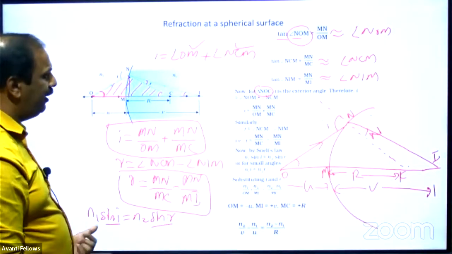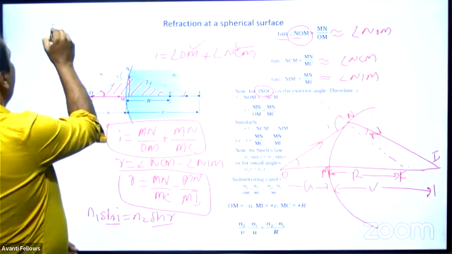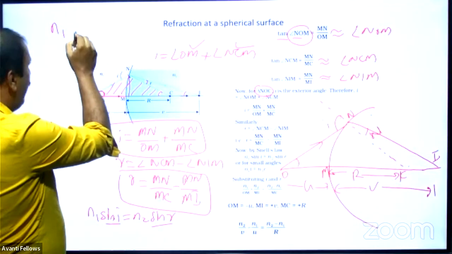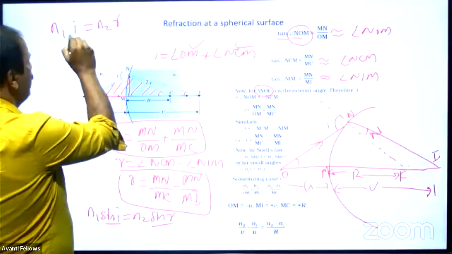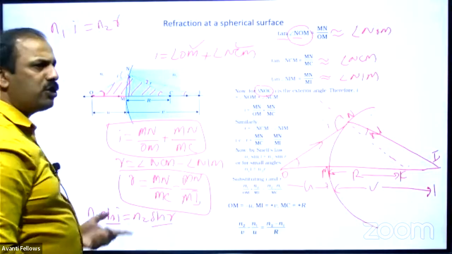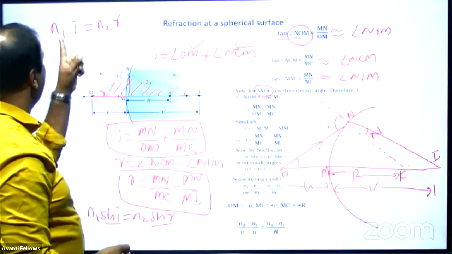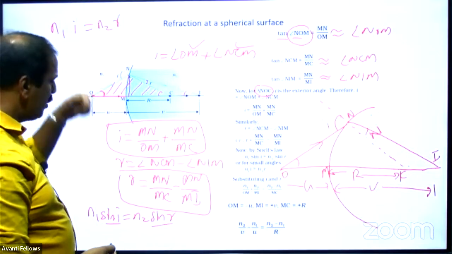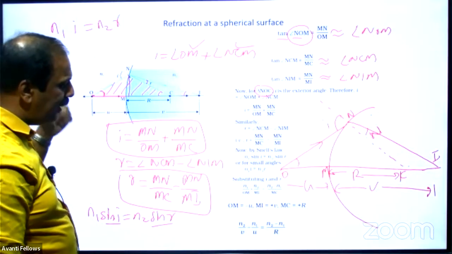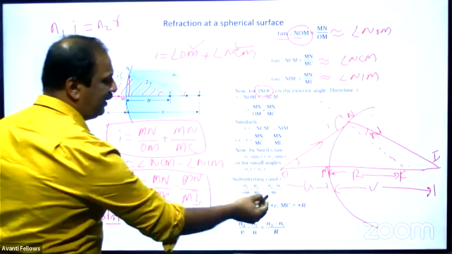So we can write N1 I is equal to N2 R, because here we have sin I and sin R. For small angles, instead of sin I and sin R, we can write I and R. So you will replace that value, and on replacing you will get an equation like this.